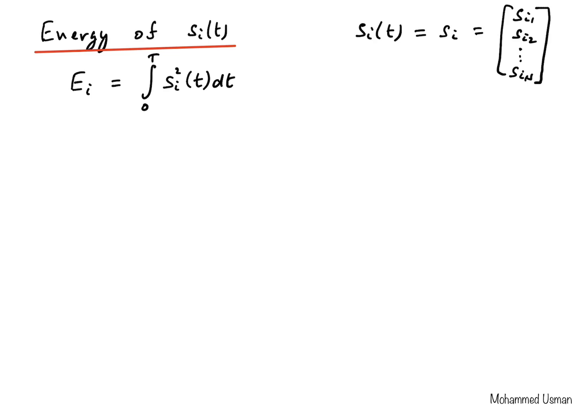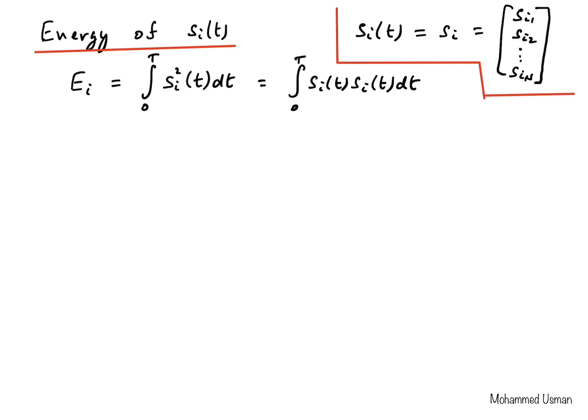What we will do is simply split this equation and write it as the integral 0 to t of Si of t into Si of t dt, right? I've just broken the square as Si into Si.